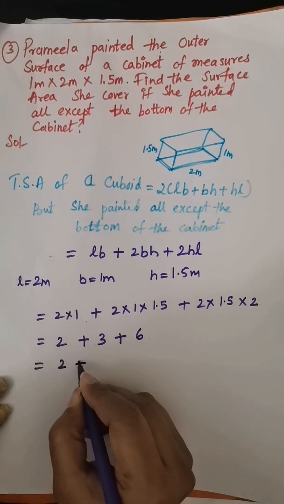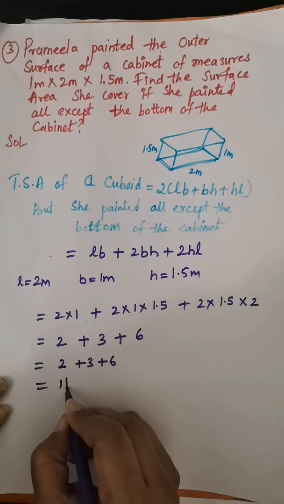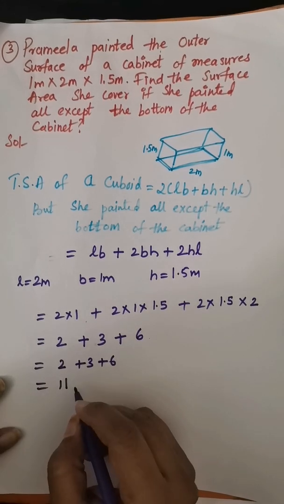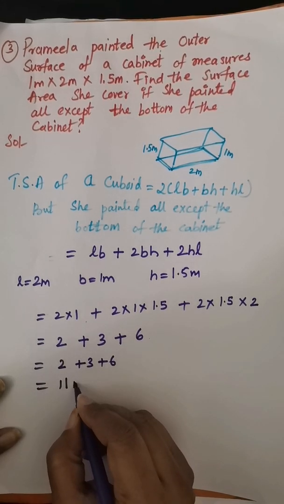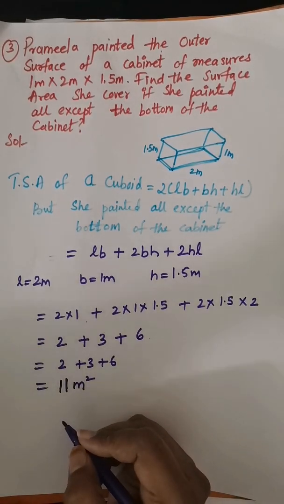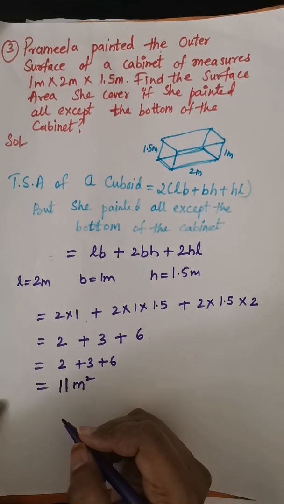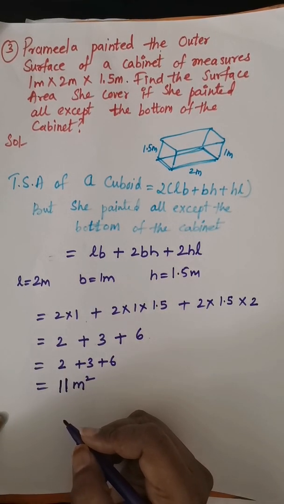So it will be 2 plus 3 plus 6, which is equal to 11 meter square. Always surface area, TSA and LSA, will have meter square units, and for volume, cube units.